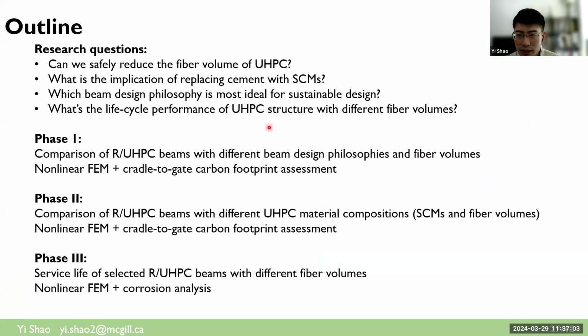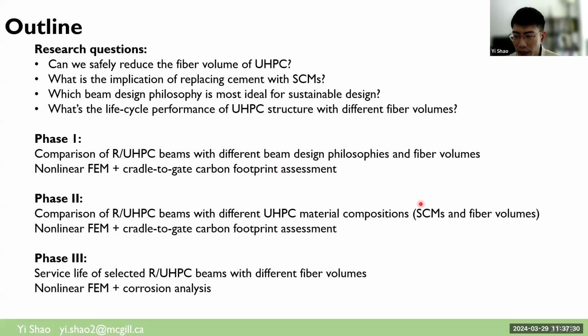So to address these four research questions, we have three phases of research. The first phase is we are comparing reinforced UHPC beams with different philosophies and fiber volumes. We adopt nonlinear finite element analysis and cradle-to-gate carbon footprint analysis. In the second phase, we select the most ideal beam design philosophy and compare UHPC beams with different material composition.